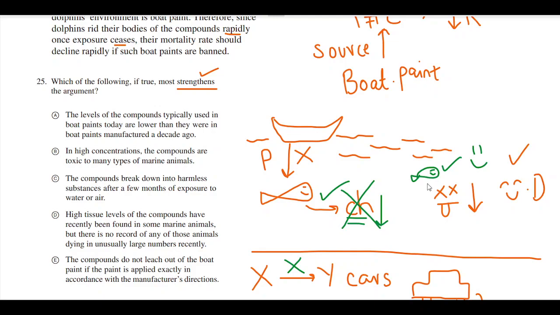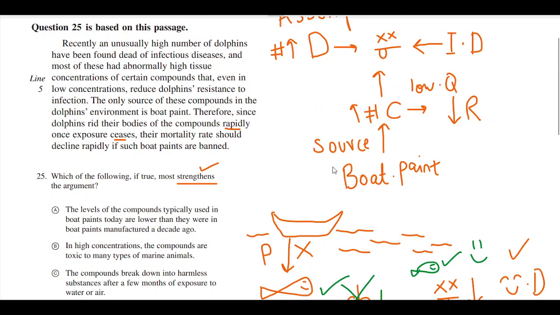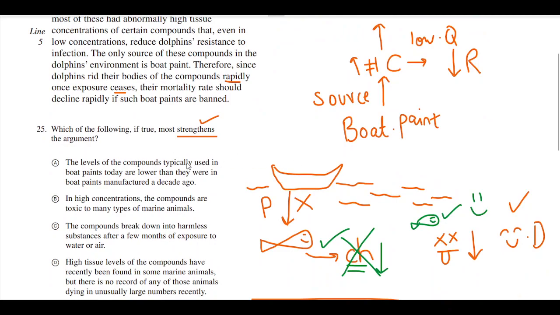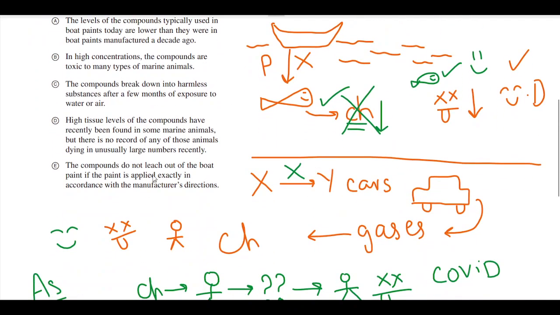Okay, so now that we're done with our analysis, I think we are in a pretty good position to jump to the answer choices and start eliminating those which don't align with our answer. If I start from the bottom, it says the compound does not leach out of the boat paint if the paint is applied exactly in accordance with the manufacturer's directions.